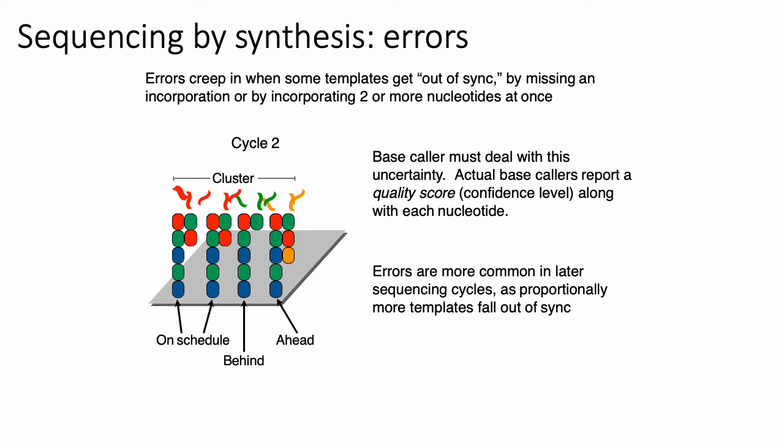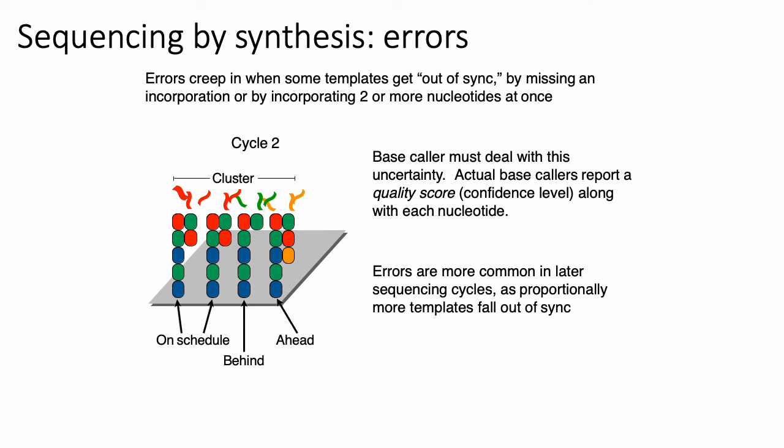Sequencing by synthesis is mainly limited in that you can really only generate reads of length, say, 100 to 200 base pairs. One of the reasons for this is that templates essentially get out of sync. As I mentioned previously, through bridge amplification, you end up with spots on these flow cells where each spot contains a dense set of fragments bound to the flow cell.